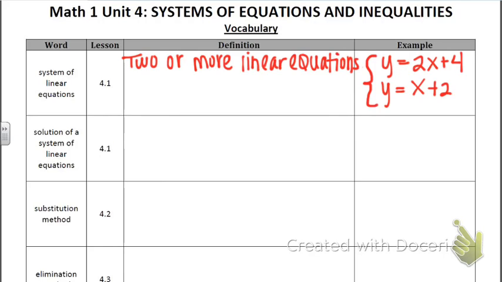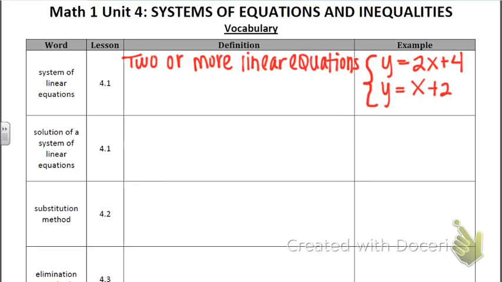Okay, so the curly bracket indicates that they go together. So that's usually how we can tell that it's a system. Your textbook does not always use the curly brackets, but the two equations will be stacked on top of each other. I always try to use the curly brackets because it's a little more mathematically correct, in my opinion. But it doesn't always, so just be aware.